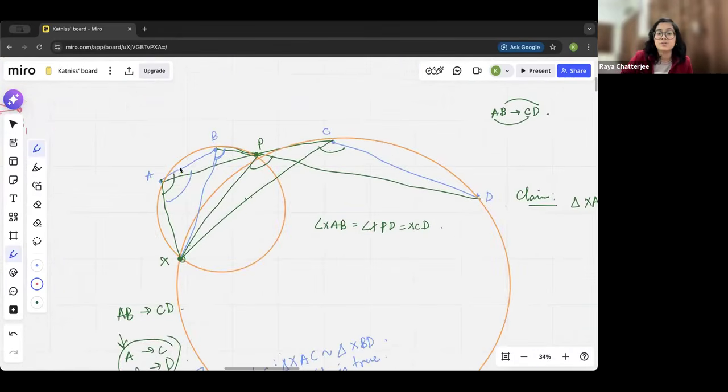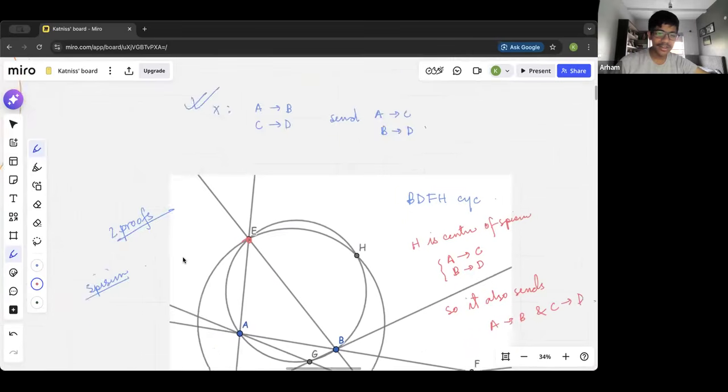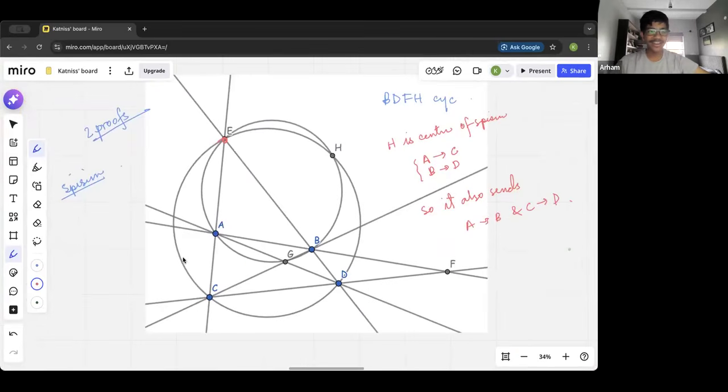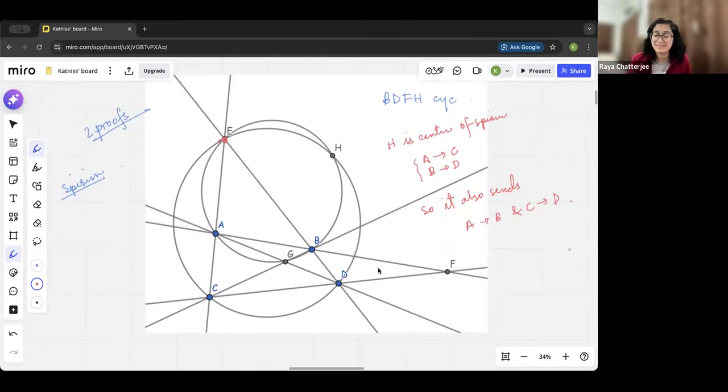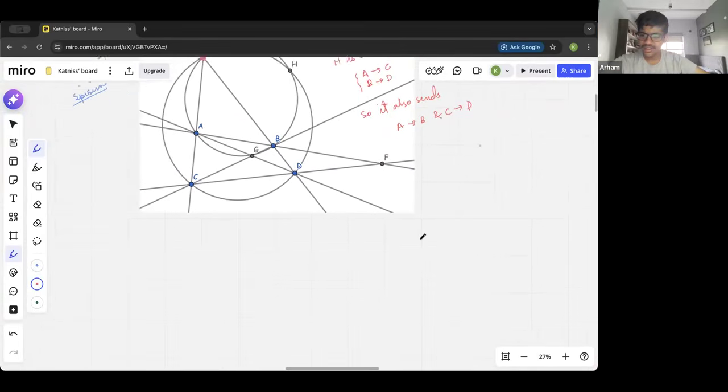If you want A to go to C and B to go to D, then it is the intersection of circles ABP and CPD. Oh, I got confused because the quadrilateral name is different. Okay, I'll just rename it. I got it now. Okay, sure.